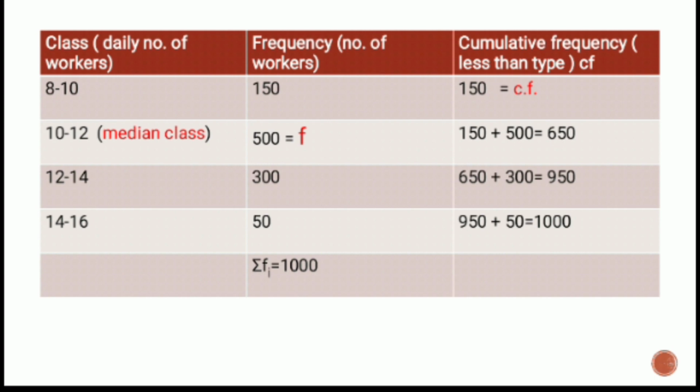To find the summation of Fi, add all the frequency values: 150 plus 500 plus 300 plus 50. In this way you add all those values and you get the total of the frequencies given in your table.